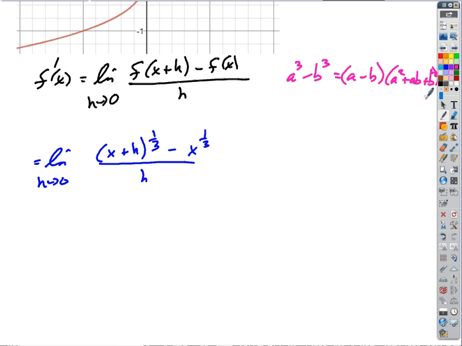We'd have to do something really tricky, like say that a minus b is equal to a to the 1/3 minus b to the 1/3 times a to the 2/3 plus a to the 1/3 times b to the 1/3 plus b to the 2/3. That's going to get really nasty, isn't it? We don't want to go there. That's going to be a tough one.